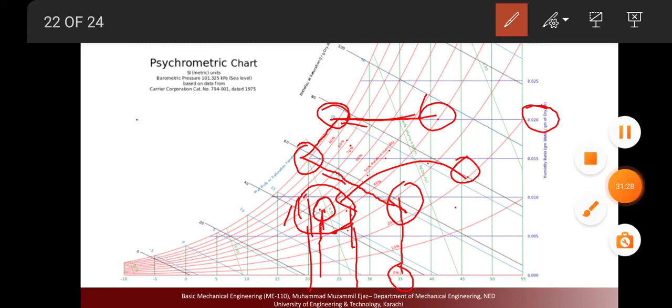So now it's 31 minutes. We will cover the numerical in our next lecture. We will study again the process of humidification, dehumidification, and also do one numerical related to the psychrometric chart and estimation of heat load.